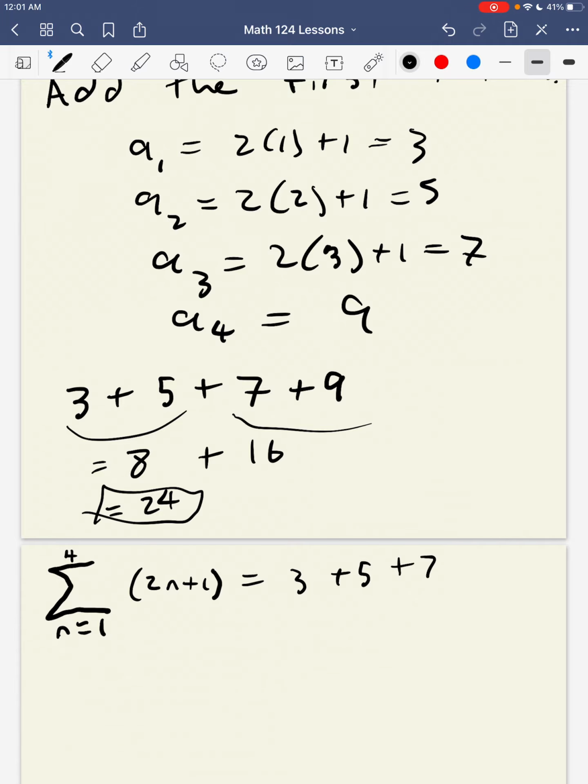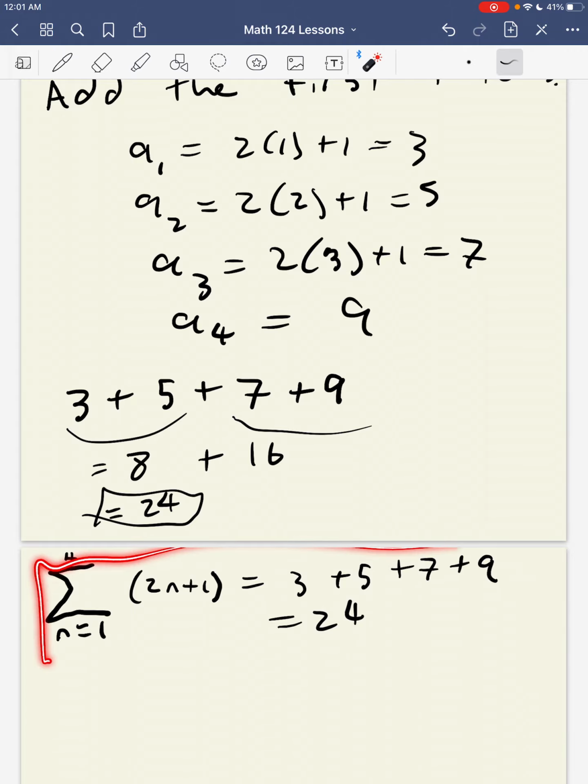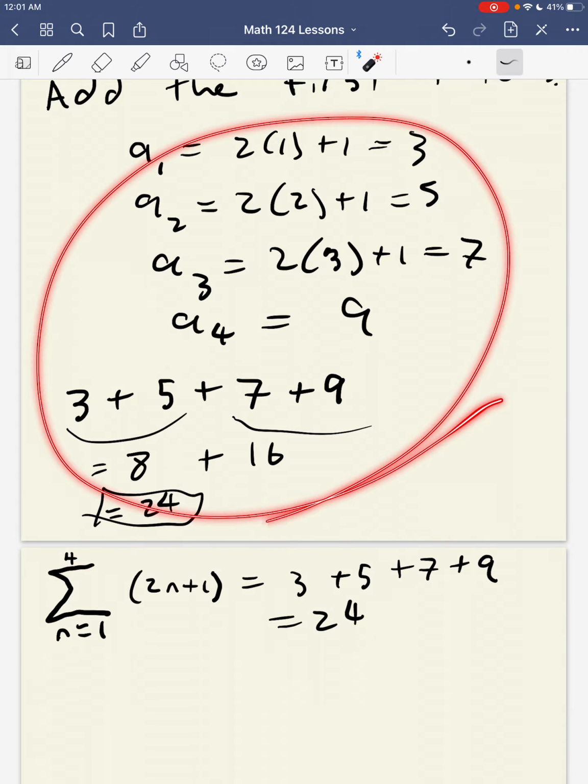So this symbol just means exactly what we did above, but look how much nicer this looks than all of this, right?